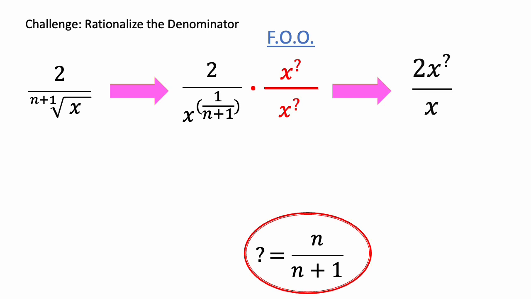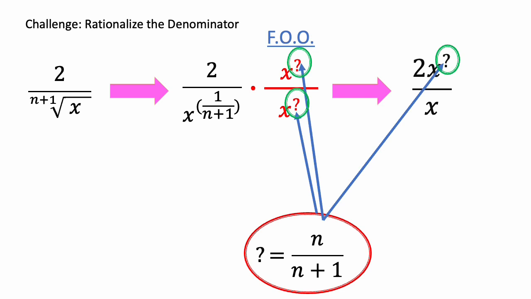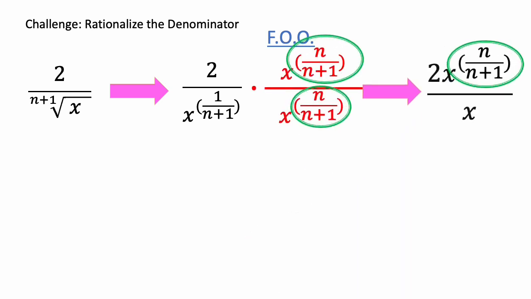Now let's go back to our expression that we wrote before. We're going to substitute in n over n plus 1 in place of our question marks. Doing this yields the following expression. So here we can see that multiplying by this form of 1 involving x to the power of n over n plus 1 rationalizes our denominator.